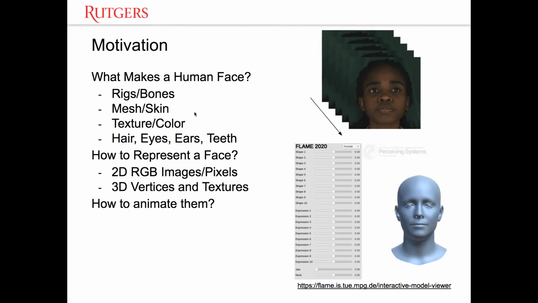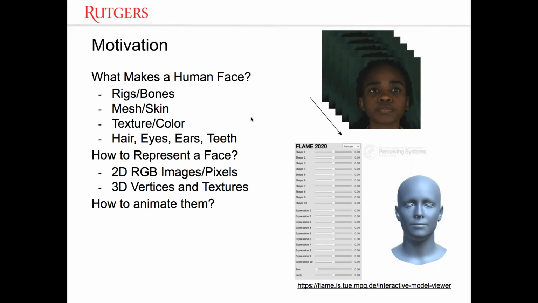And the skin has colors everywhere. Even the eyebrows can be represented as a color, a texture on the mesh. We have other components like hair. We have eyes, which we can model as a sphere inside the cavity here. We also have ears. We have teeth. When you open your mouth, you can show your teeth.